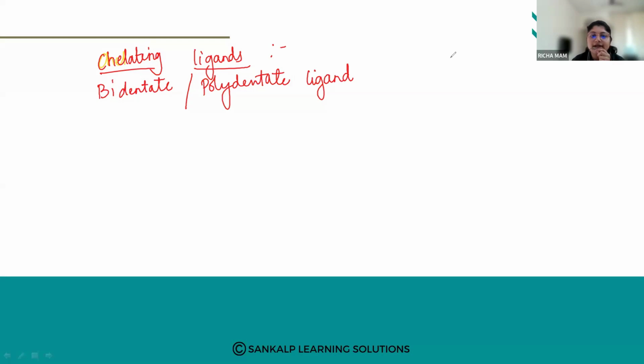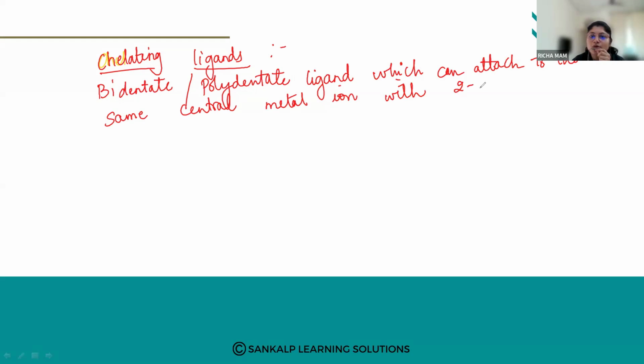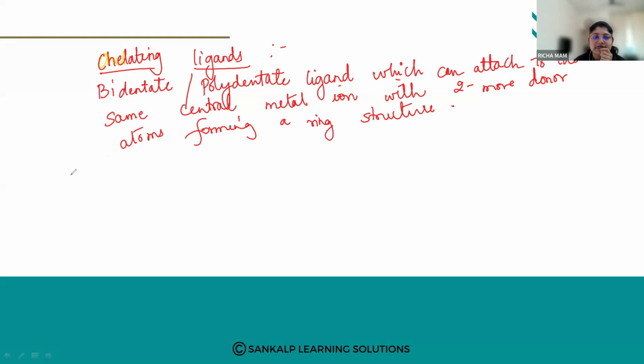So a bidentate or polydentate ligand which can attach to the same central metal ion with two or more donor atoms, forming a ring structure, is called what? A chelating ligand. For example, all the examples that are in bidentate ligands.